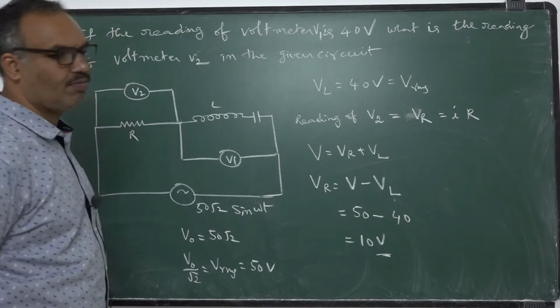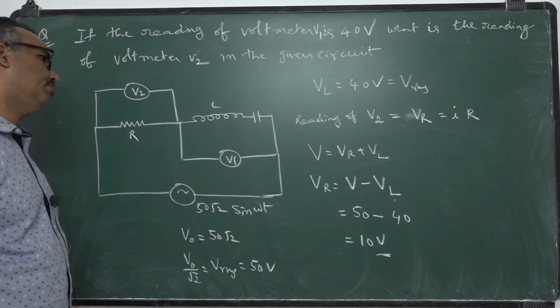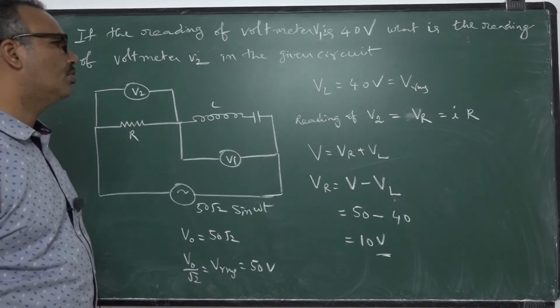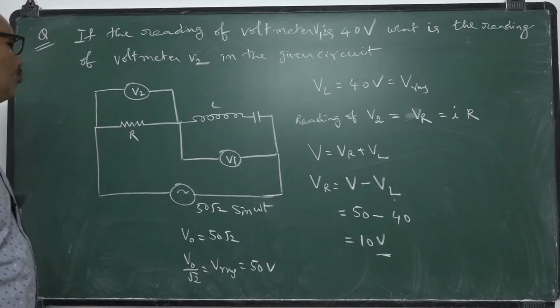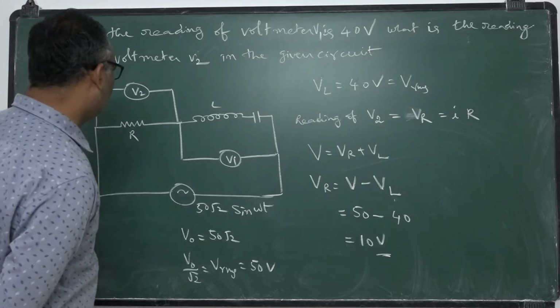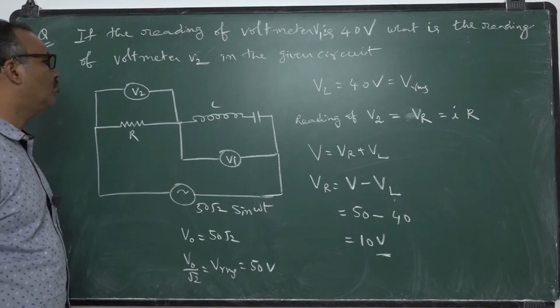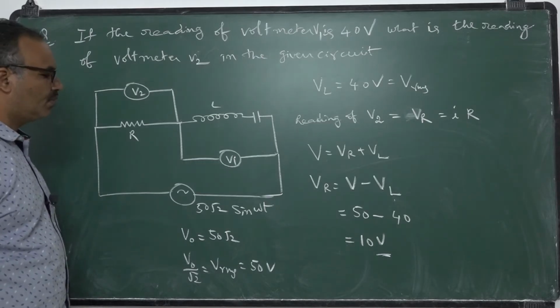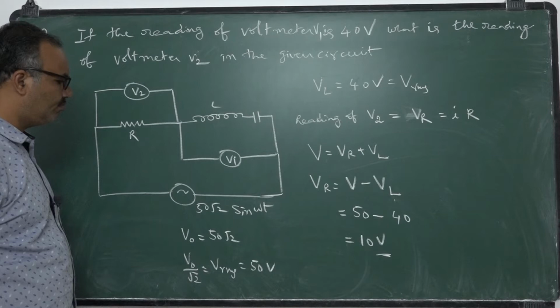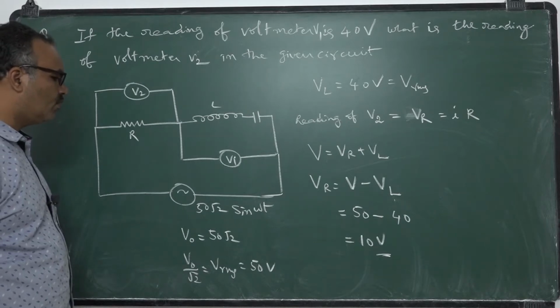So, what sort of procedure should we follow? Suppose there is no phase difference between voltage across resistor and applied voltage. Only there is a phase difference between voltage across inductor and applied voltage.